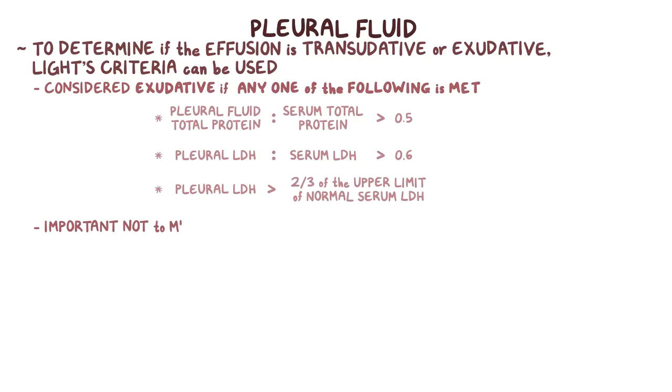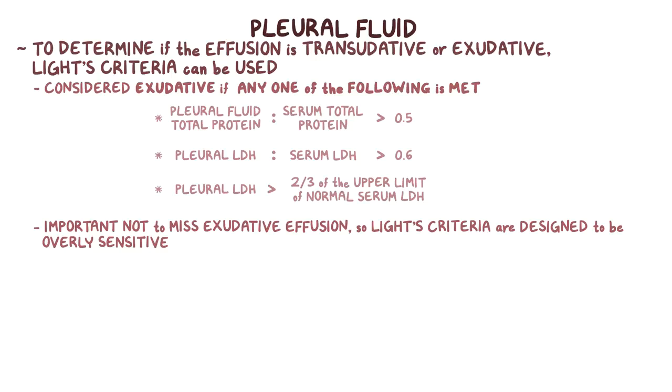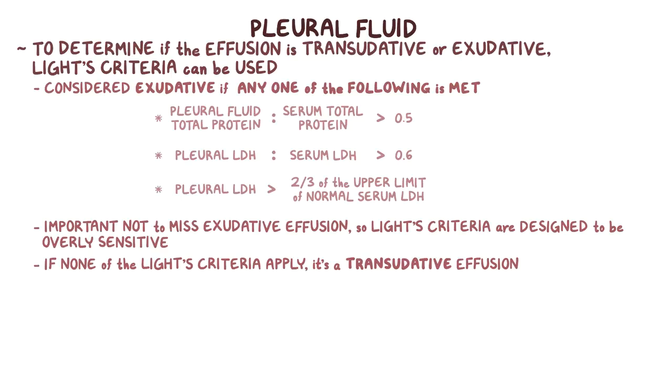It's very important that you don't miss an exudative effusion, so the criteria are designed to be overly sensitive. Now, if none of the Light's criteria apply, it's a transudative effusion. In that case, it's okay to treat the underlying cause and no further tests are needed.